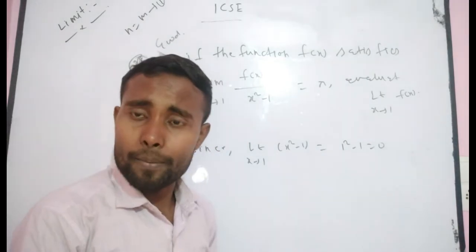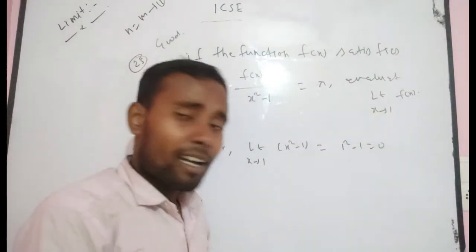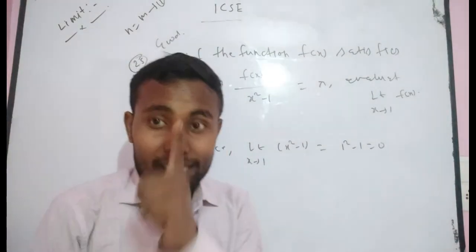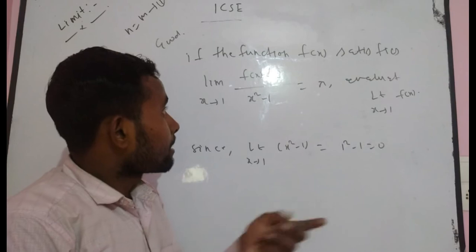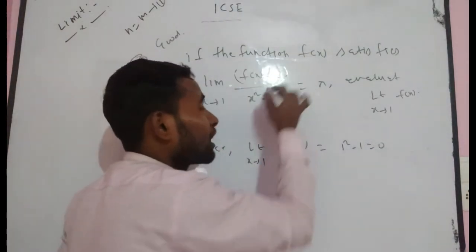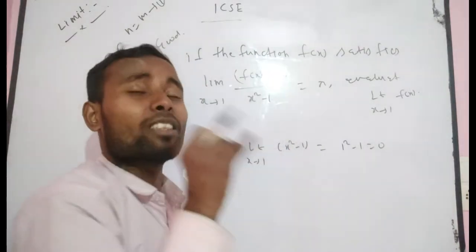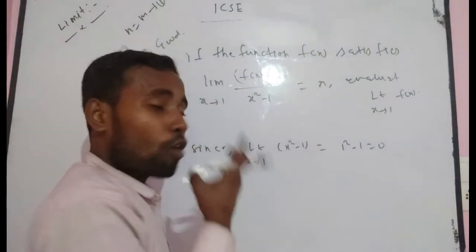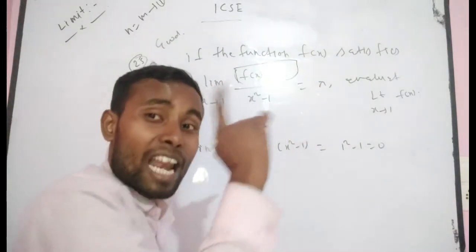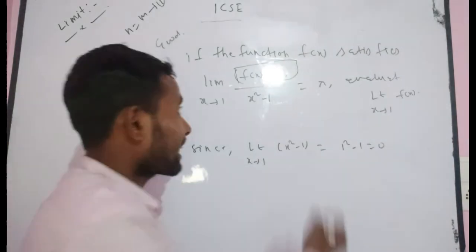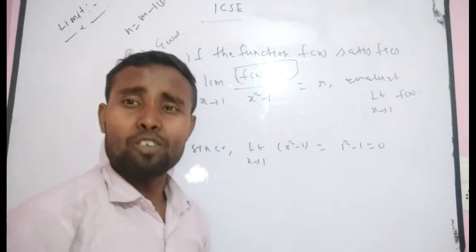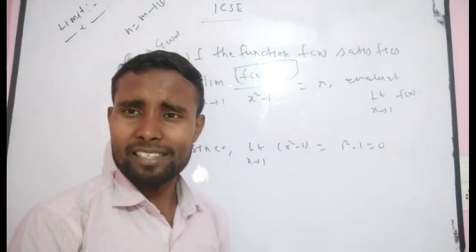What will happen here? There will definitely be some factor in the numerator which can be cancelled with the denominator, due to which this occurs. In this case, the numerator should also be 0. Then it becomes 0 by 0, and after one or two steps, you get your exact answer.